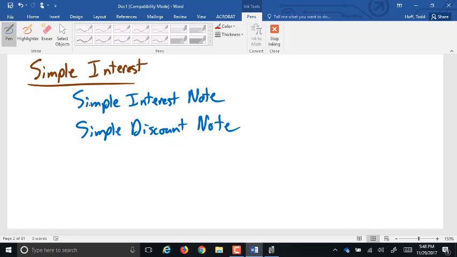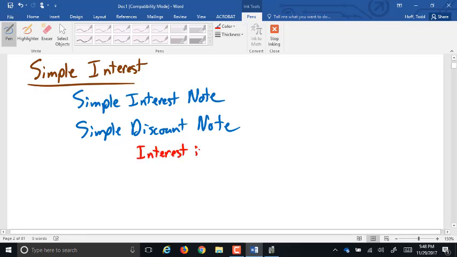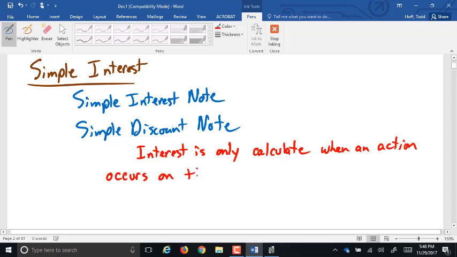But either way, they are both simple interest. Both of them, interest is only calculated when an action occurs on the note or at maturity.